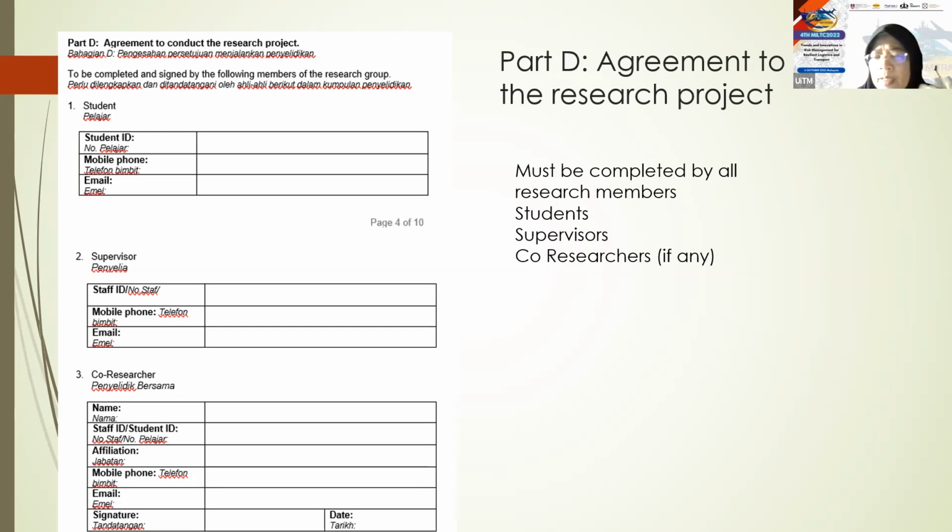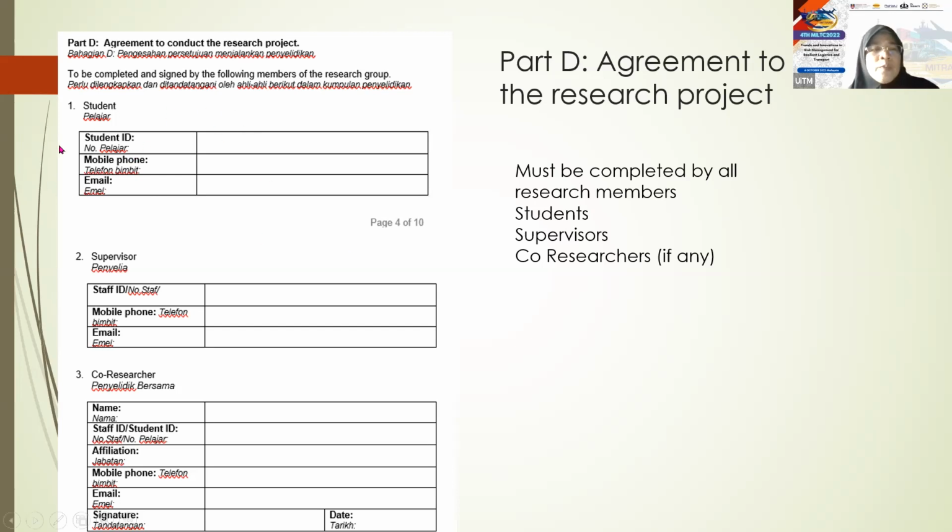But for PhD, you will have your main supervisor, sometimes 3 co-supervisors, so there will be 4. Master's 3, PhD 4, around that number.